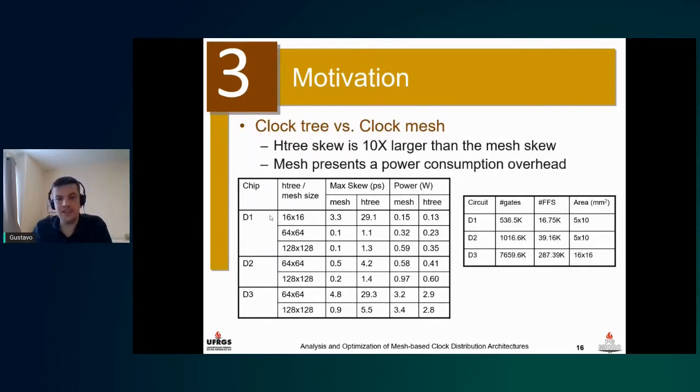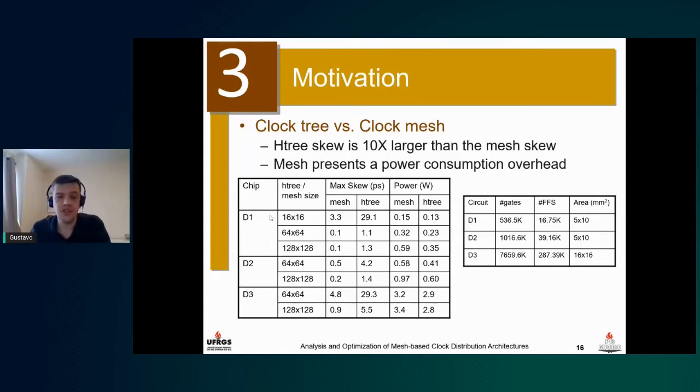So the greatest advantage of the clock mesh, as I mentioned, is the ability to reduce clock skew. This table shows a comparison between the maximum skew seen in a clock mesh versus the maximum skew seen in a clock tree. It also compares the power consumption in the two scenarios.